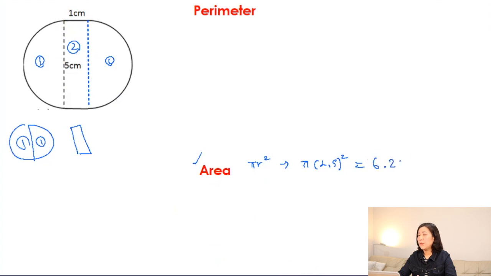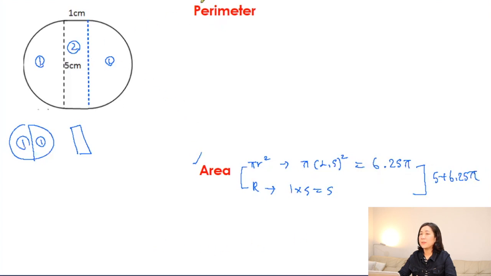So 2.5 squared is 6.25 pi, from the two semicircle parts. Then we need to find the area of the rectangle. Length times width is 1 times 5. And then the final answer will be 5 plus 6.25 pi. And this is our answer.